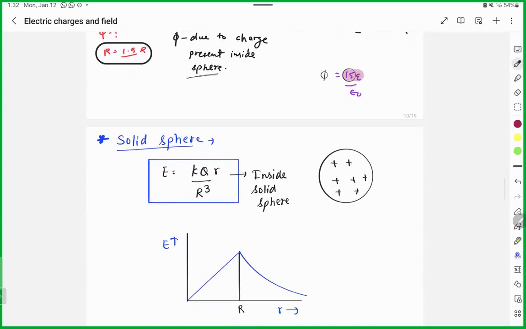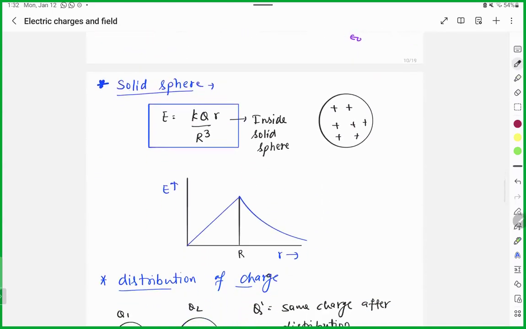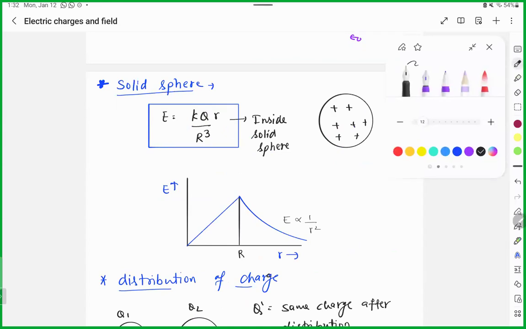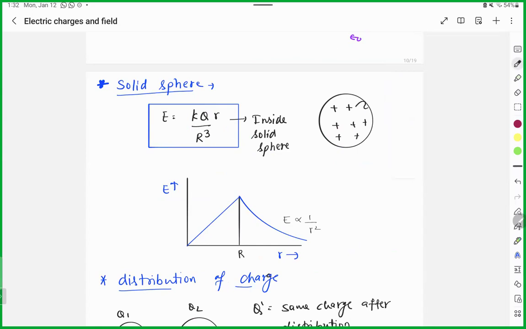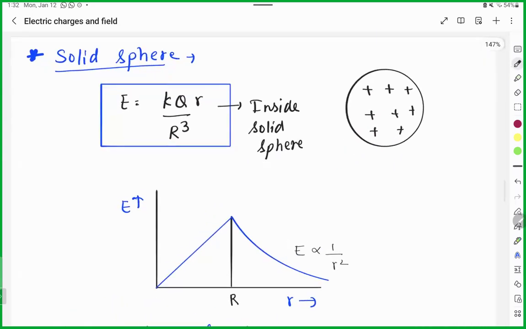But if you take a solid sphere, on the surface it will remain the same. Outside the surface, it will be the same, like E is inversely proportional to R square. But in case of a solid sphere, you have charged particles even inside the sphere. So here, charge is not zero.